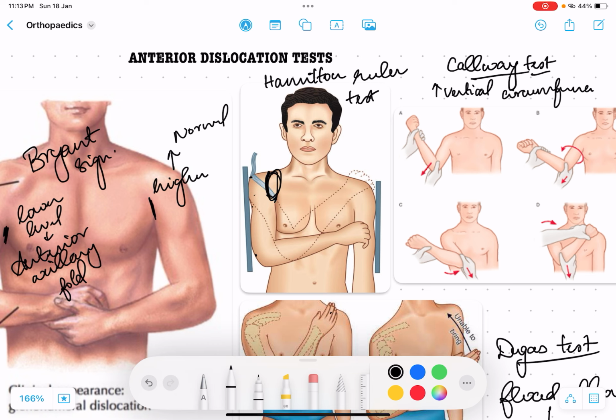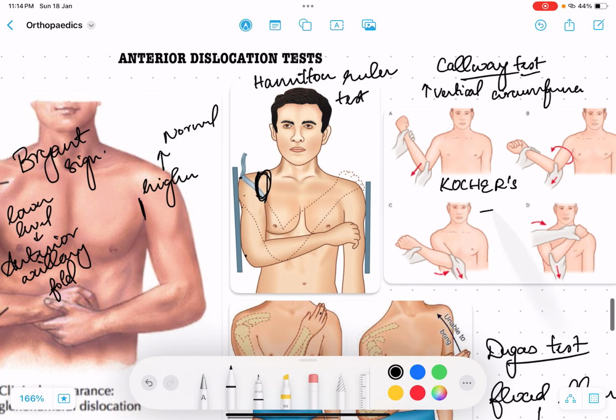Now this is management. This is Kocher's technique. First we give traction. First I will tell the mnemonic. It's TEAM. T for traction, we are pulling the dislocated hand. Then external rotation.